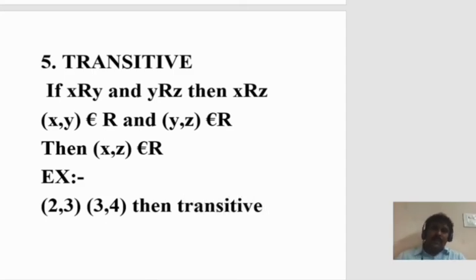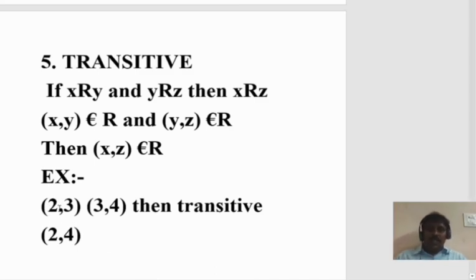What is the condition for transitive? He has given 2, 3 and 3, 4. This is xy, this is yz. If it is xy, yz, then xz must be there. Xz means 2 comma 4. This also must belong to the relation.